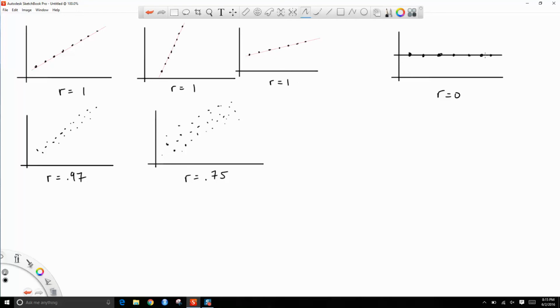Over here where it's completely flat, this means there's just no relationship. This would be the same number appearing over and over again. It would be like, is there a relationship between, I don't know, the year and how many days are in a week, okay?